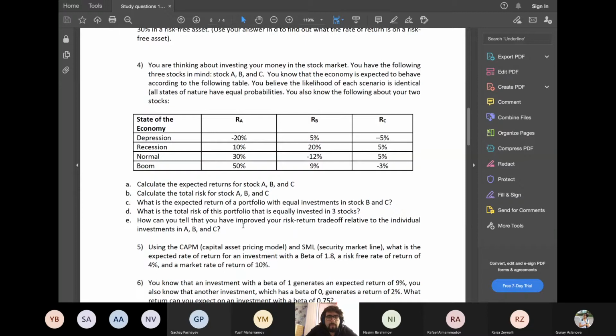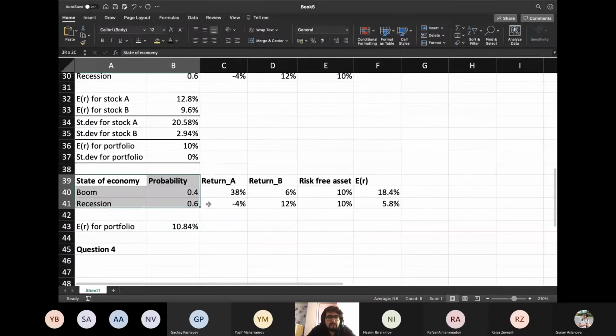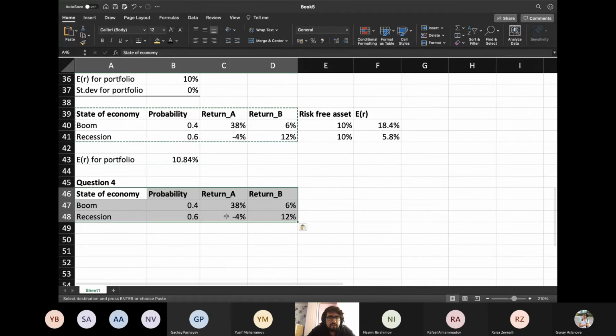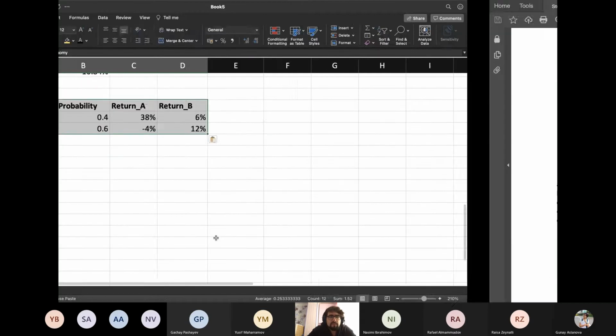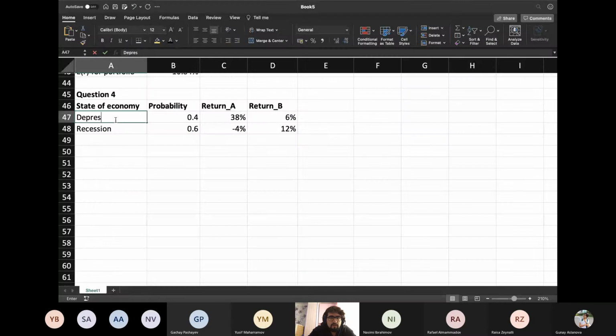Stock A. So let's again construct a table. State of the economy: depression, recession, normal, and boom.